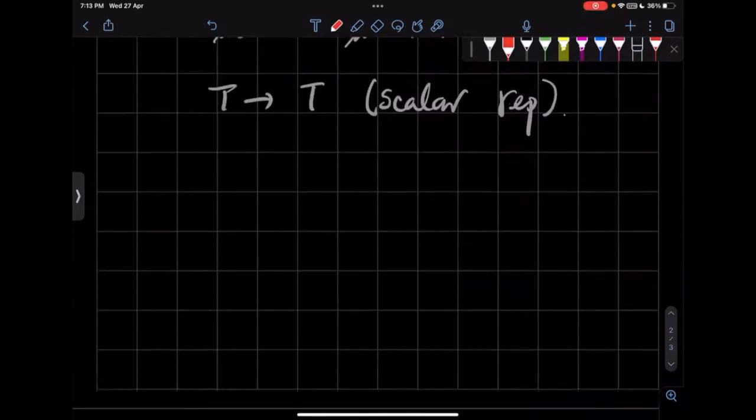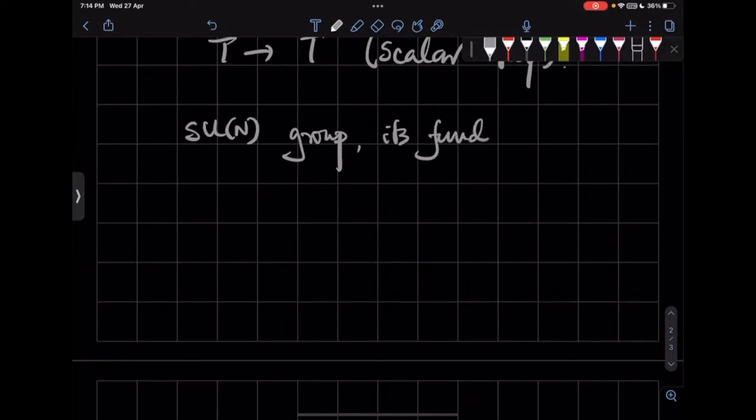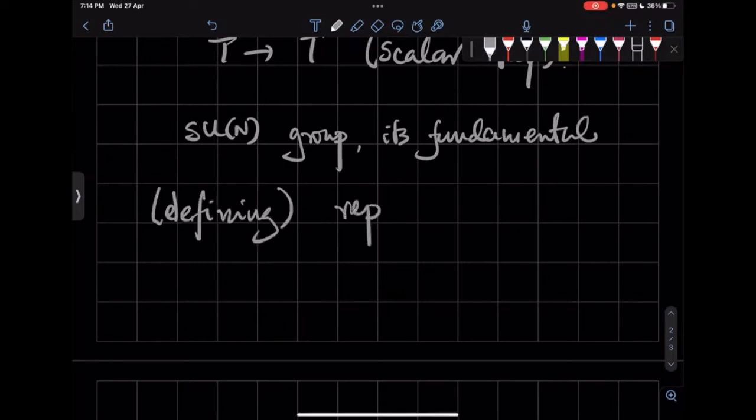So now we want to do the same thing for SUNs. Okay, so SUNs, the SUN groups. The fundamental, defining representation are n by n matrices, right?